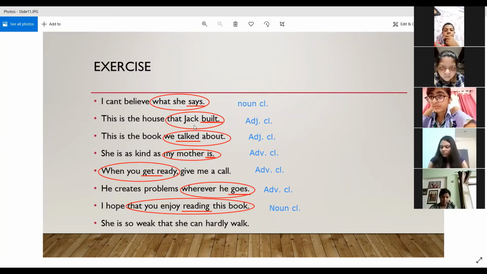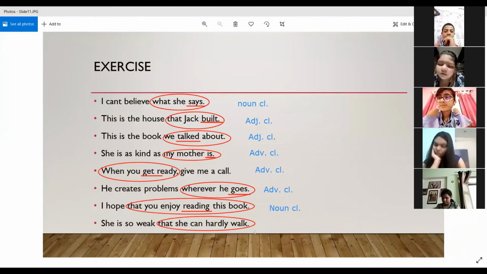Okay. So basically what is happening over here is, it is not the reason, but we are getting the result. First of all, we are being told that the person is very weak. Then what is happening because of the weakness? Because the person is weak, the result is that she can hardly walk. Understood? Yes, sir. So it is showing the result of the weakness.